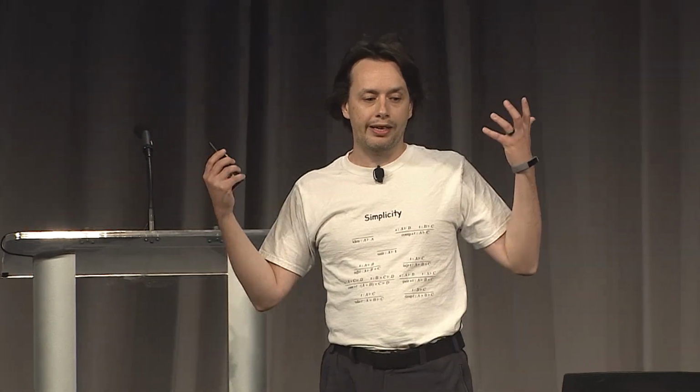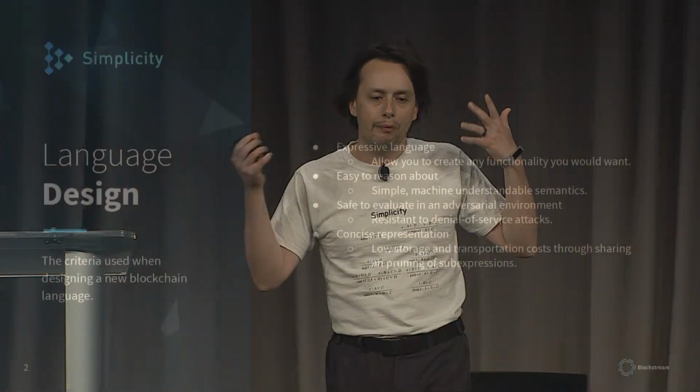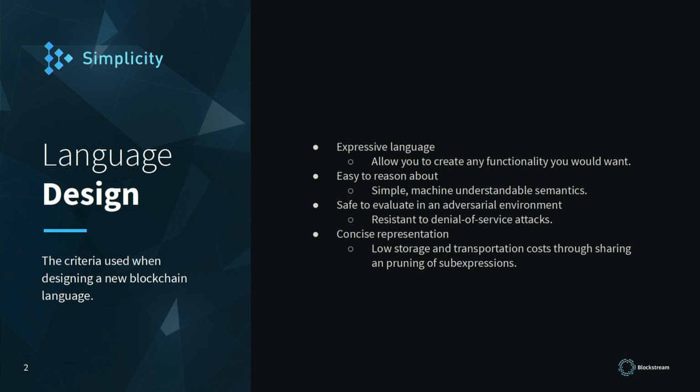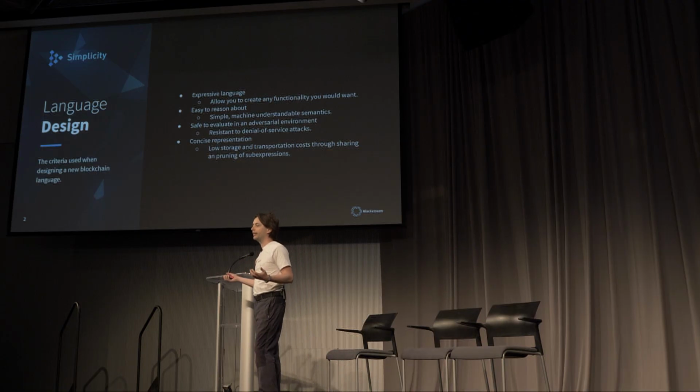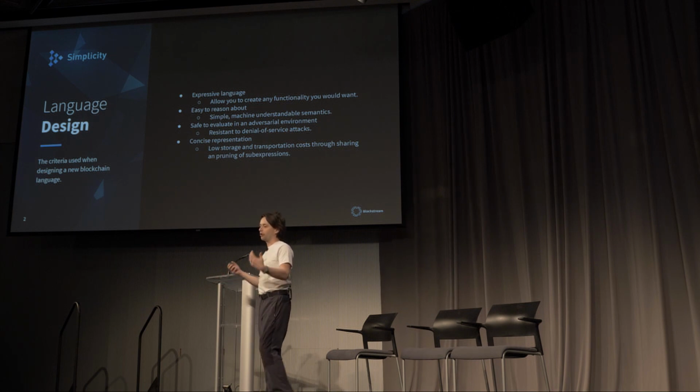So I was thinking about what we would do if we were designing from the bottom up. Just forget about Bitcoin script and do something else. So we want an expressive language that would allow you to create any sort of functionality you want. So maybe not have such a limited set of hash functions or cryptographic primitives.